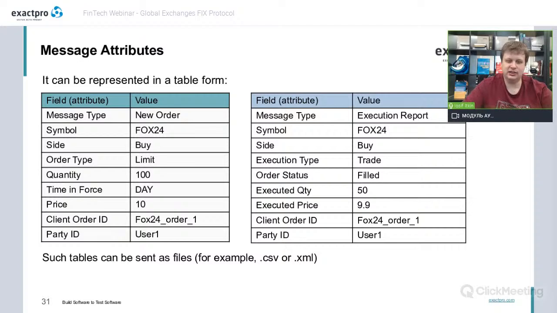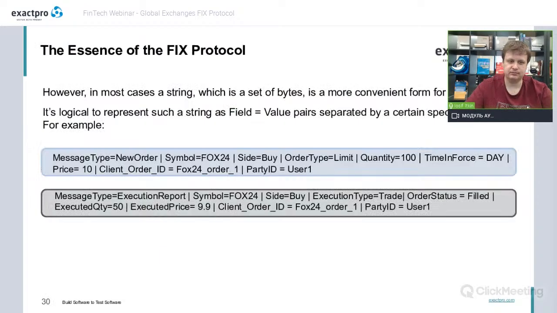And that's why there is a separate approach called repeating groups that we probably will not cover in this particular session.